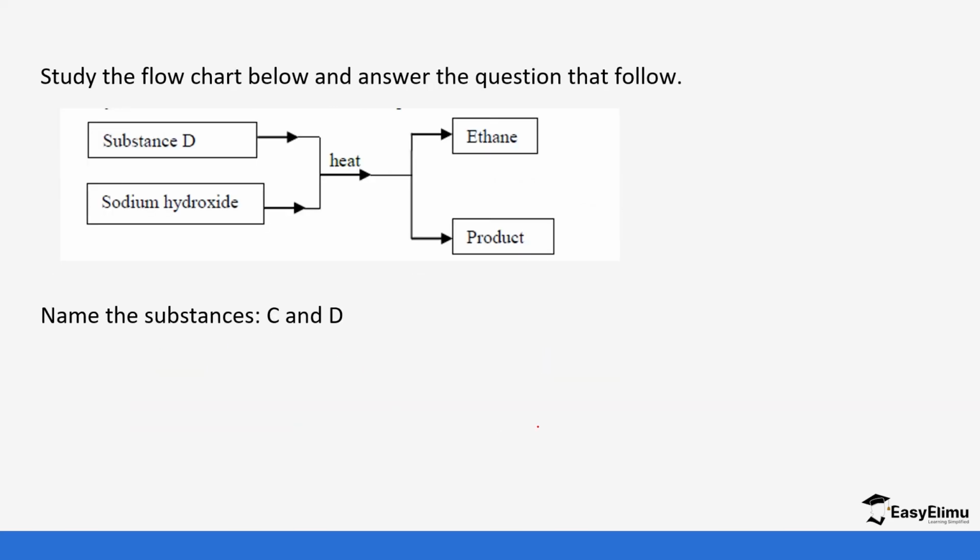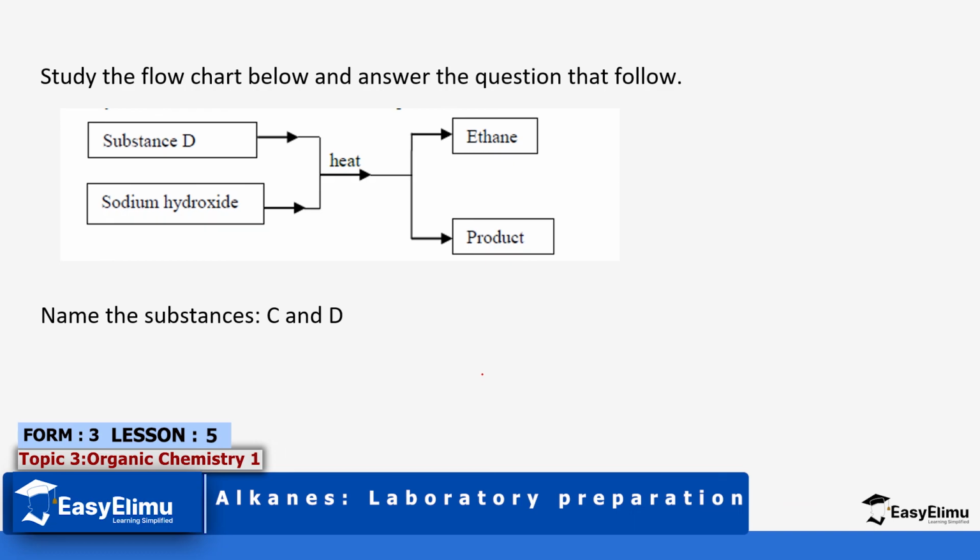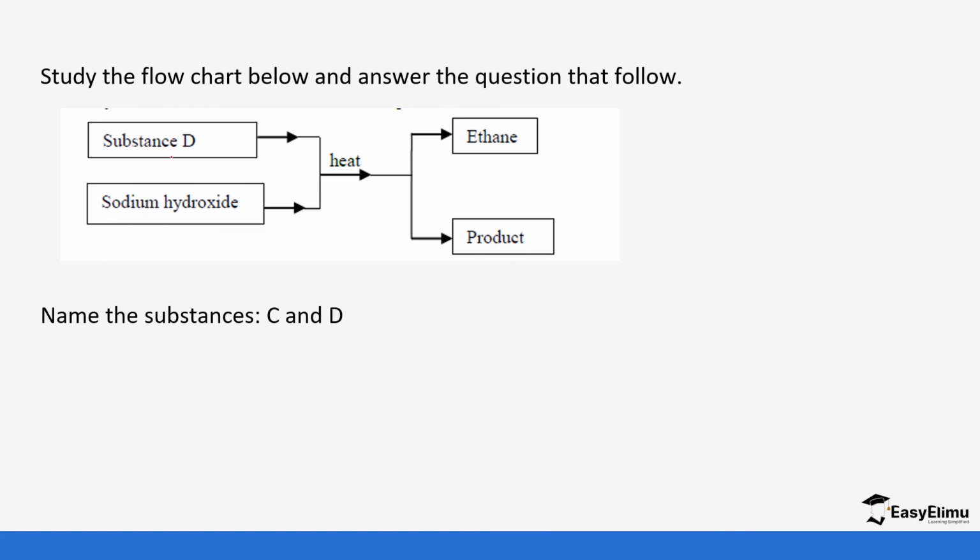Then the last question: study the flowchart below and answer the questions that follow. So substance D and sodium hydroxide are reacted and heated to produce ethane and products. So substance D is going to be sodium propanoate, which is the same as CH3CH2COONa.